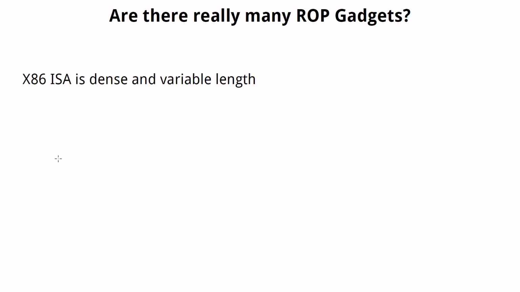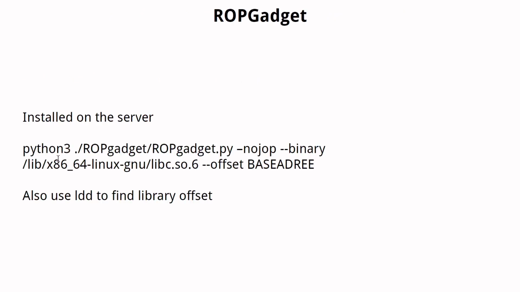However, x86 is different, right? Even if they are fixed size, we can also do ROPs there. It will be harder, but it's still possible for ARM because it can be either 2 bytes or 4 bytes, so it's possible. But for x86, it can be anything.